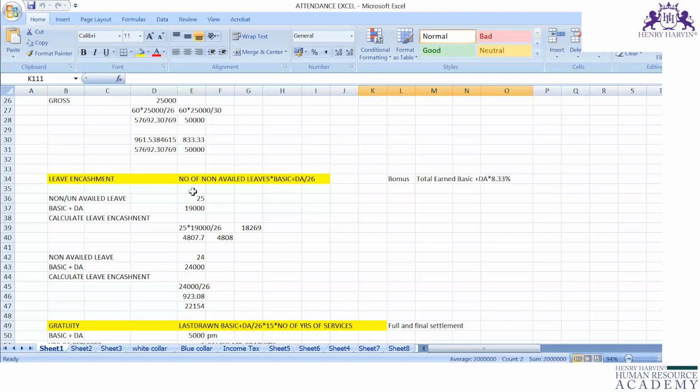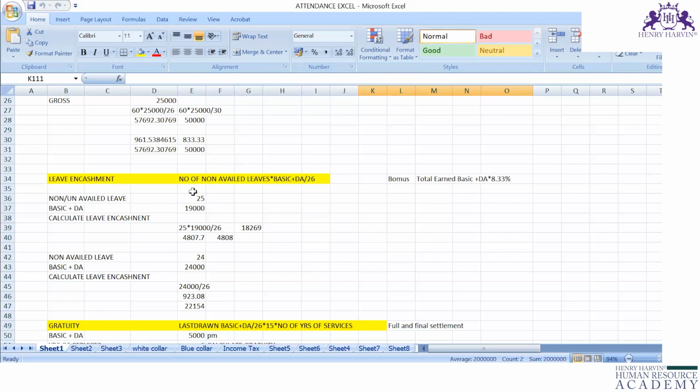For attendance policy, the Factories Act and the Shops and Establishments Act will cover it, but no law has covered leave policy.